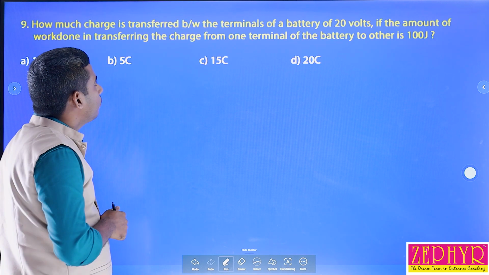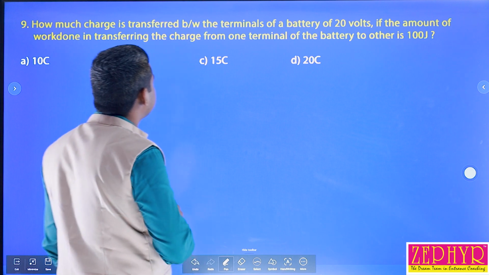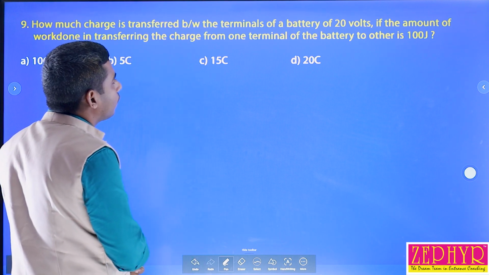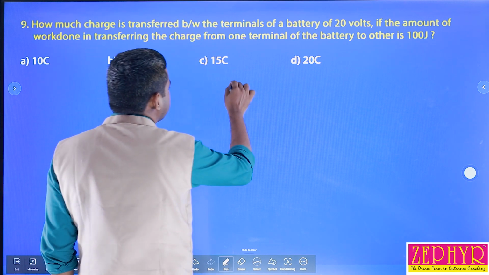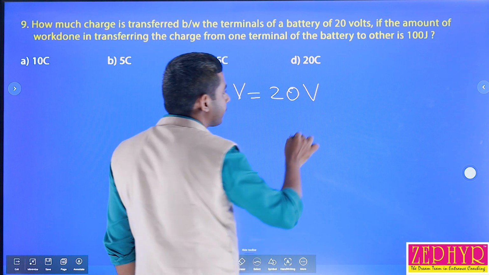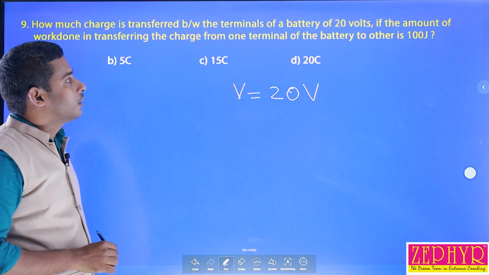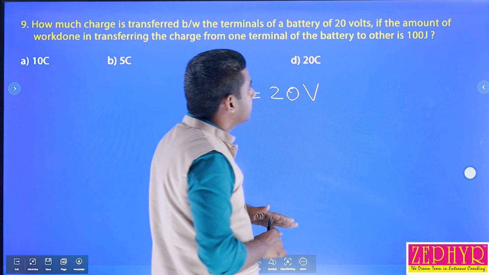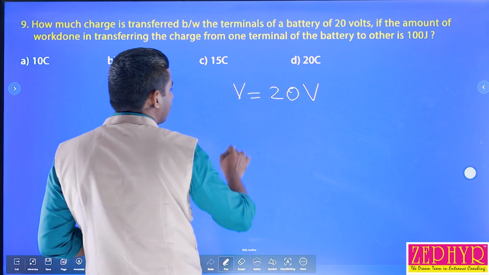Listen, how much charge is transferred between the terminals of a battery of 20 volt? So voltage they said 20 volt. The amount of work done in transferring they said 100 joule.